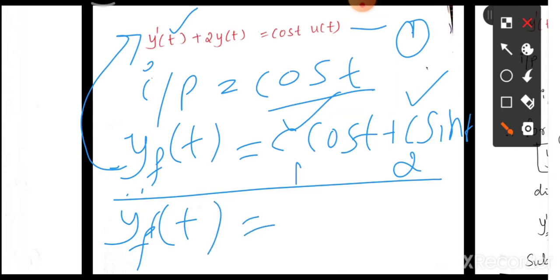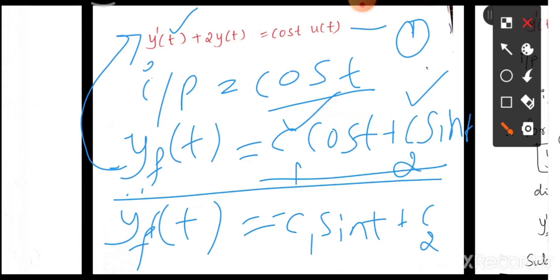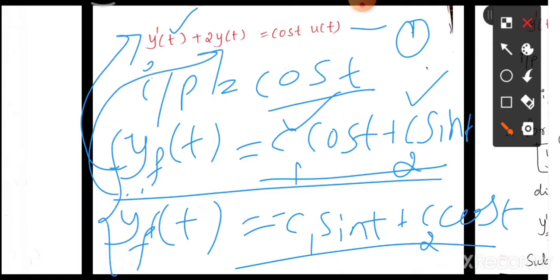Differentiate this equation: c1 as it is, cos t's differentiation is minus sin t, and c2 as it is, sin t's differentiation is cos t. Now substitute both y of t and y dash of t here and simplify.